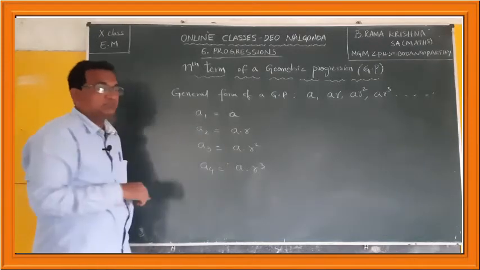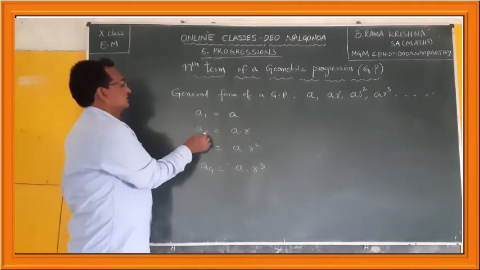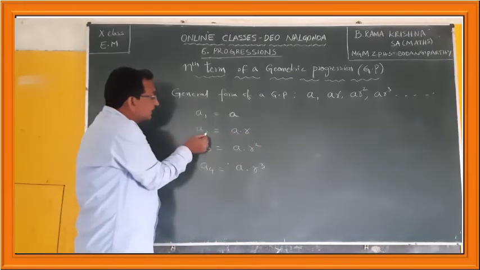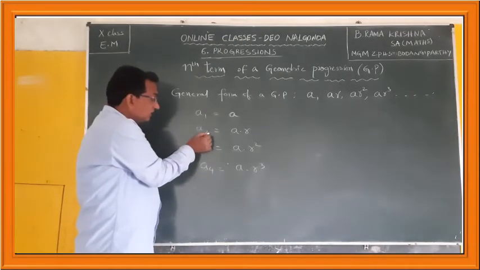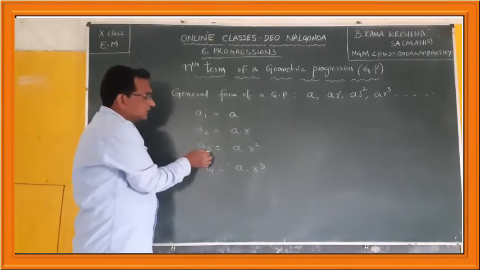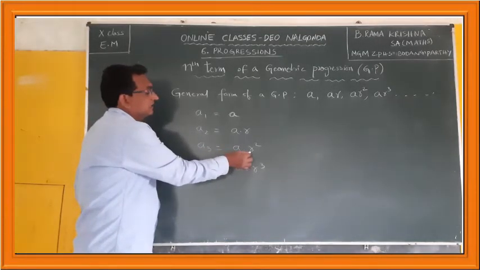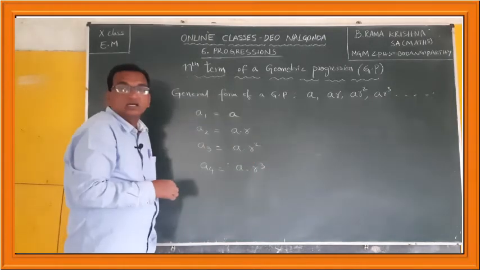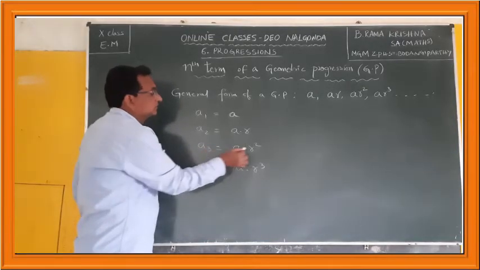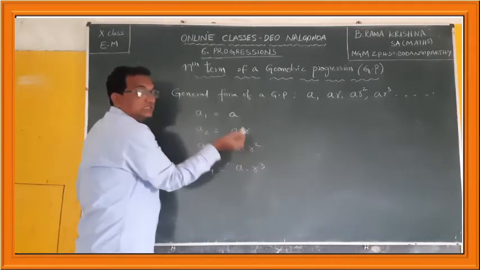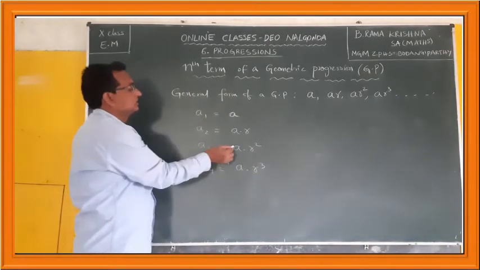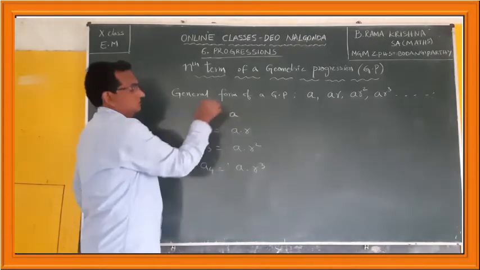So, if you observe carefully, for the second term you have to multiply 1 less than the term number times r. Okay. For the third term, you have to multiply 1 less than this 3 times r to this first value a.